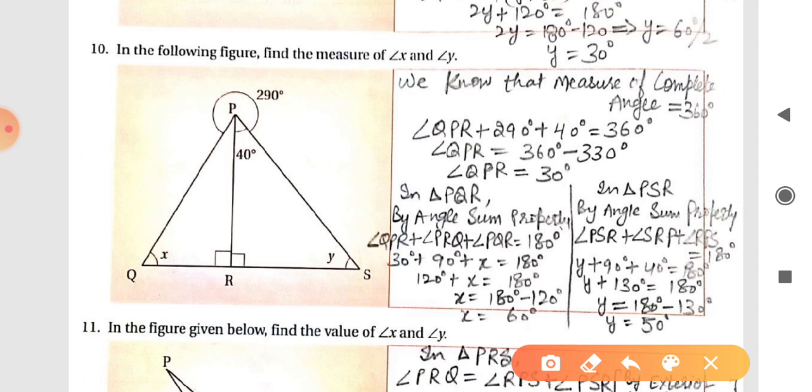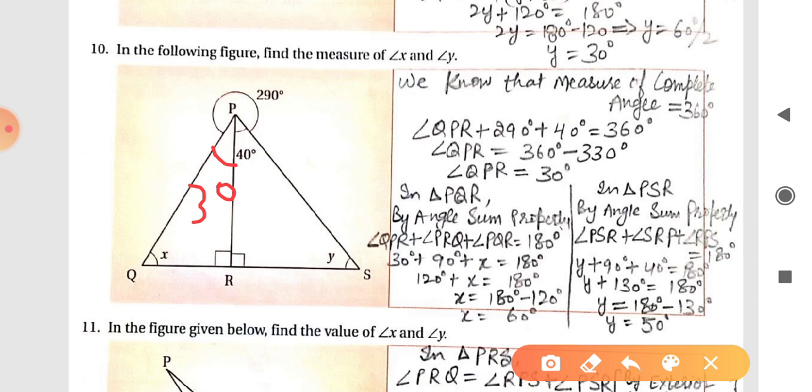One is angle QPR, and second is 290 degrees, then 40 degrees. The sum of these angles is equal to 360 degrees. Then we can find the value of angle QPR, and it is 30 degrees. Then write here 30 degrees.